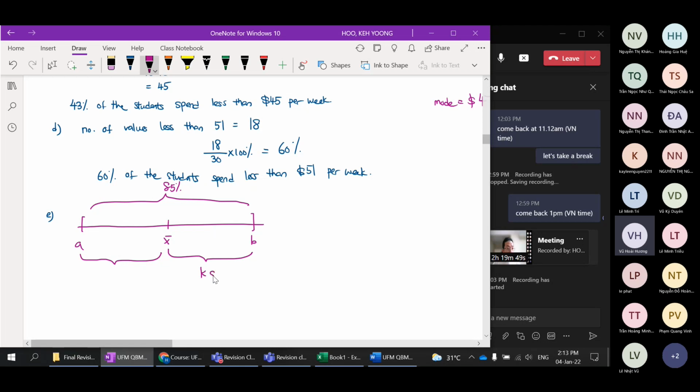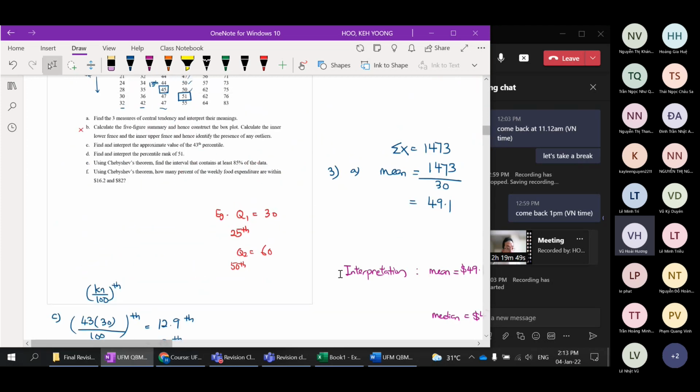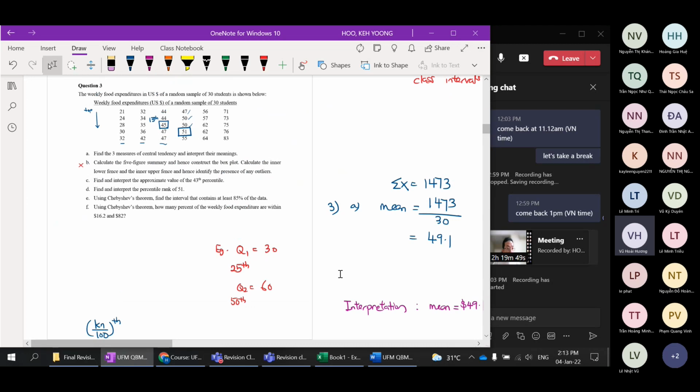If this is sample data, then it is k times the sample standard deviation. This is the distance away from the mean, in terms of how many standard deviations. So for these questions, we need to find the mean and the sample standard deviation.